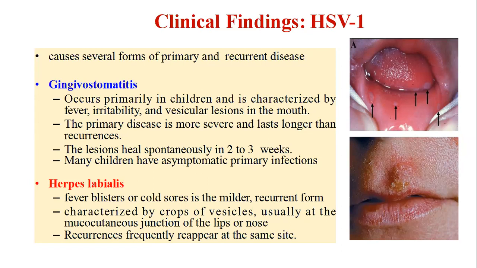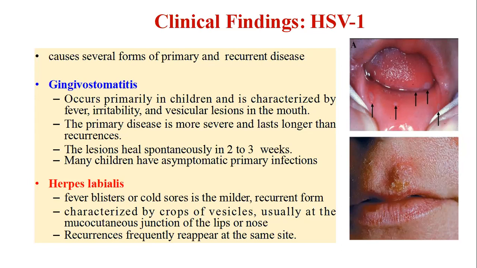You can see white patches, vesicular lesions in the mouth. The primary disease is more severe and lasts longer than the recurrent one. Normally, these lesions heal spontaneously in 2 to 3 weeks. Many children have asymptomatic primary infections.